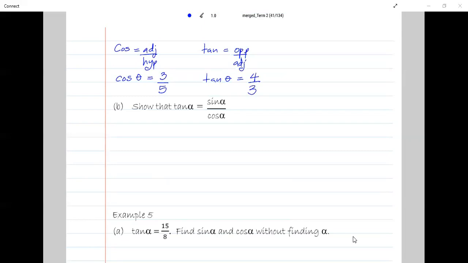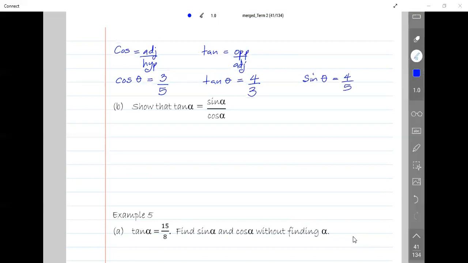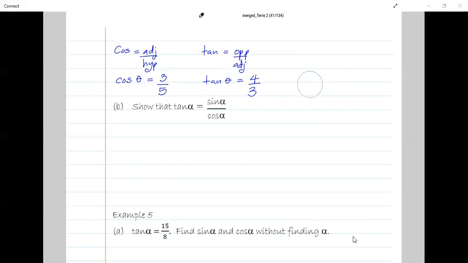All right, I'm going to write back sine. The sine of theta, it's on the previous page. The sine of theta is opposite 4 over hypotenuse 5. All right, and you all see me writing theta, nobody ever corrected me. It's not theta, it's actually alpha. So let's erase everything at the bottom here.